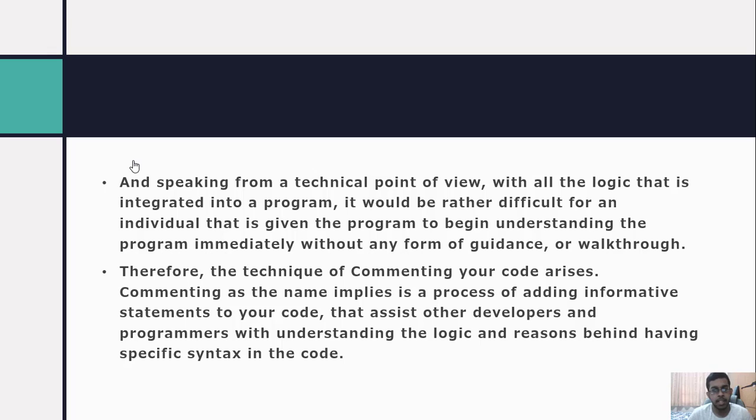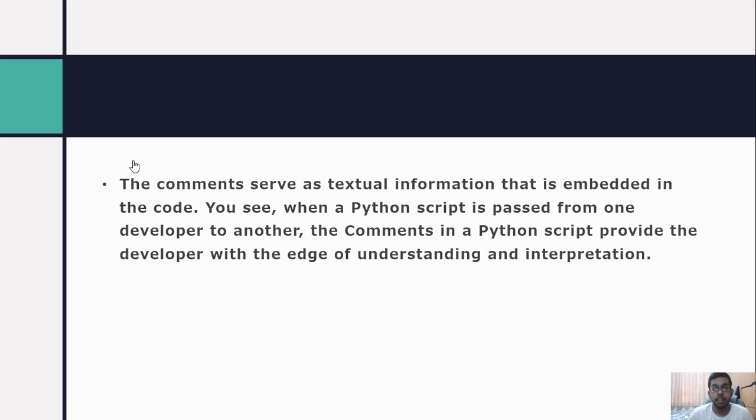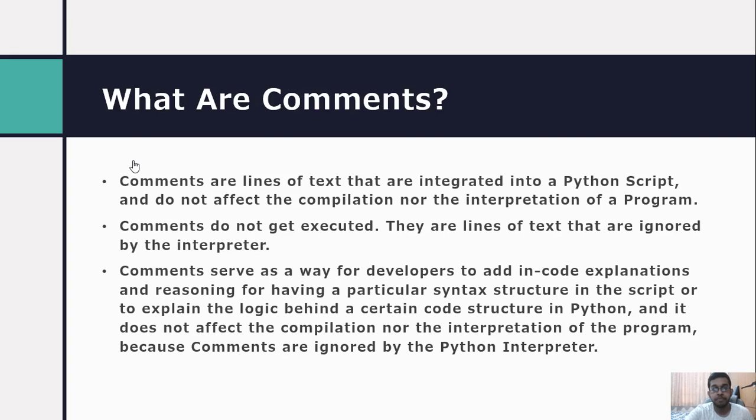Commenting, as the name implies, is a process of adding informative statements to your code that assist other developers and programmers with understanding the logic and reasons behind having specific syntax in the code. The comments serve as textual information that is embedded in the code. When a Python script is passed from one developer to another, the comments provide the developer with the edge of understanding and interpretation.